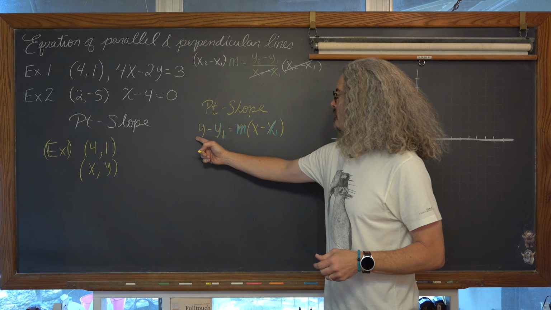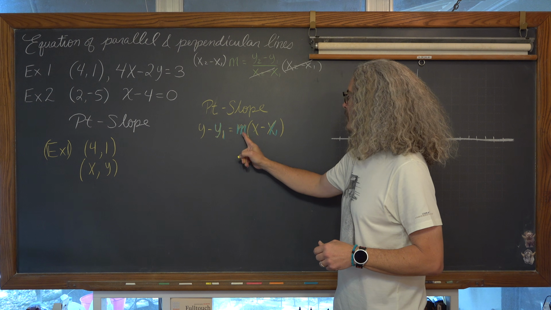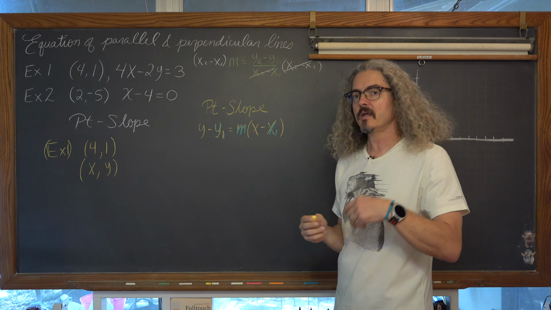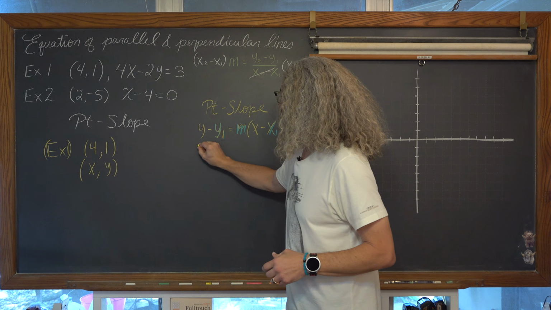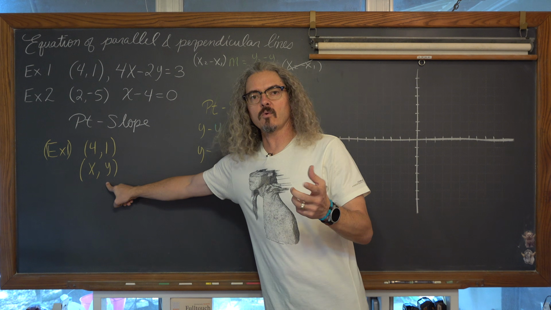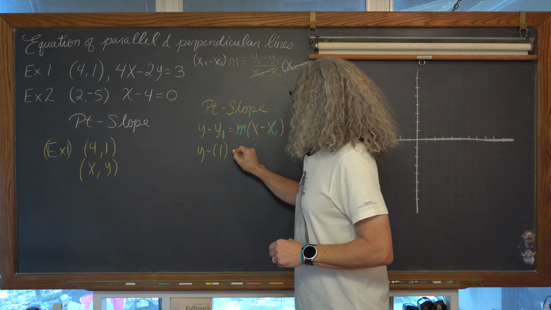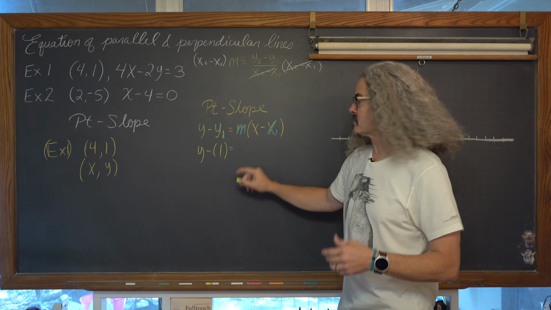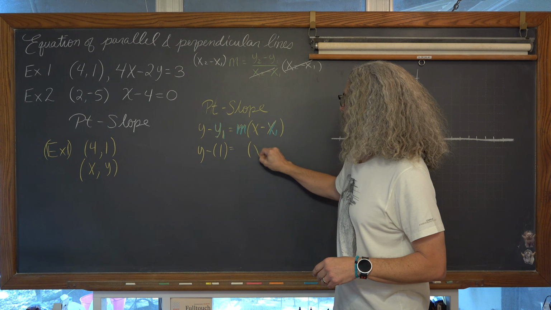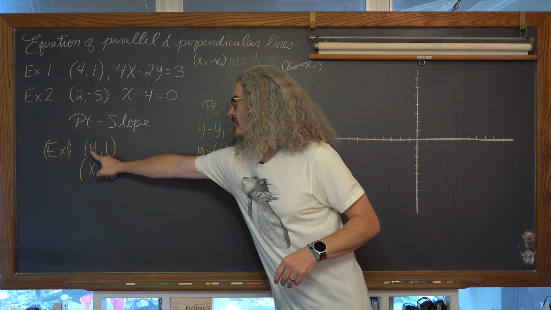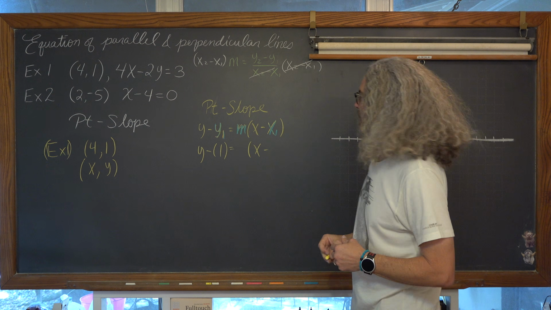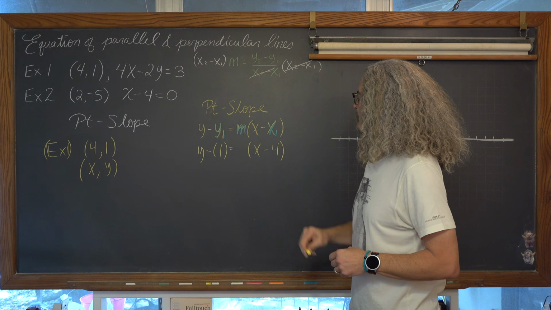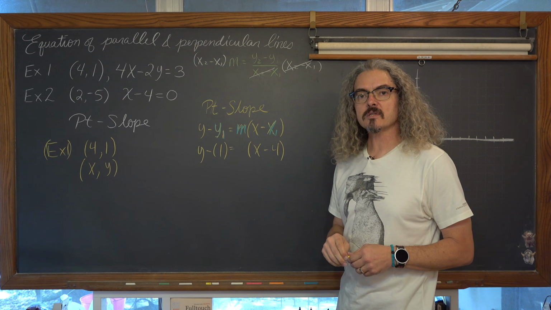So in our equation of y minus y sub 1 is equal to m times x minus x sub 1, this is how much we have already. We have y minus our y-coordinate of the point, which is 1, is equal to, now we haven't worked out the slope yet, but we do have x minus our fixed point, 4. What we need to do is figure out what the slope is.